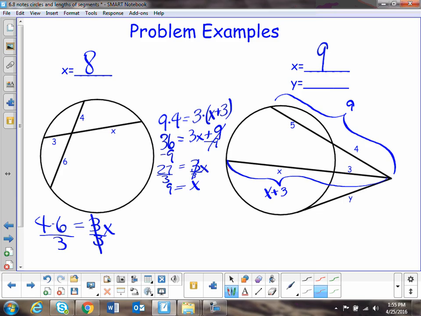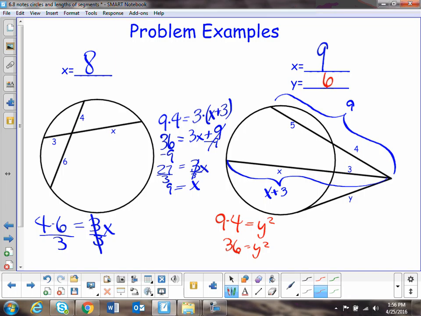That's it right there. Good job. 9 times 4 equals y squared. So remember, whenever you're working with the tangent, it's the tangent squared. Alright. So 36 equals y squared. That's equal to y. Okay? So just use the formula.